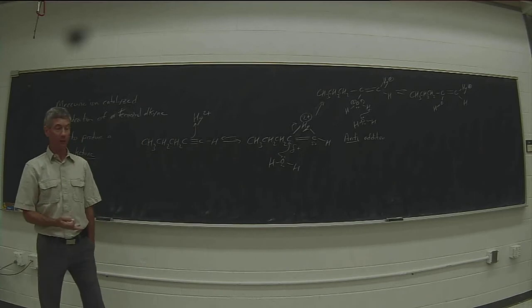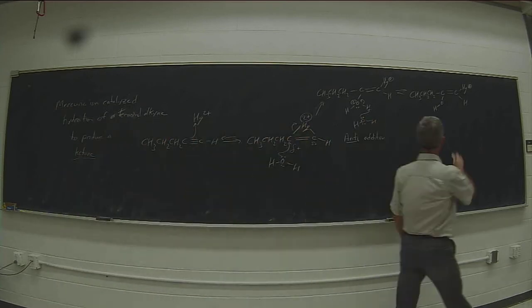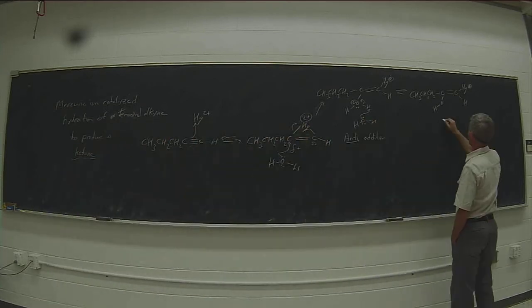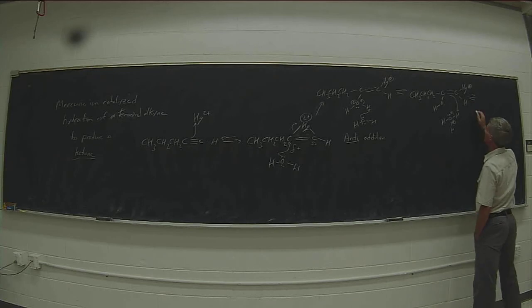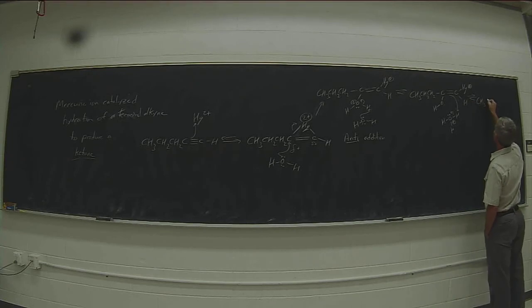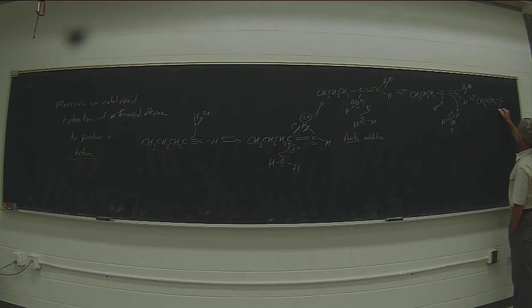In the presence of sulfuric acid, this pi bond can get protonated by the hydronium ion to generate a resonance stabilized carbocation, with the carbocation on the position right next to the oxygen.